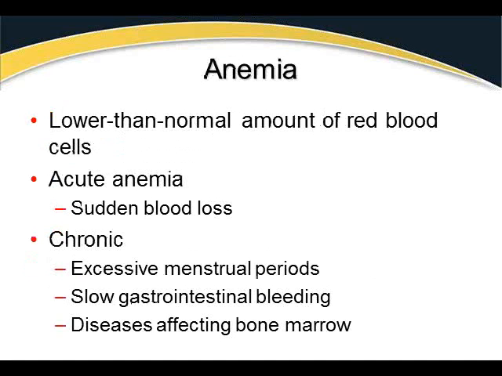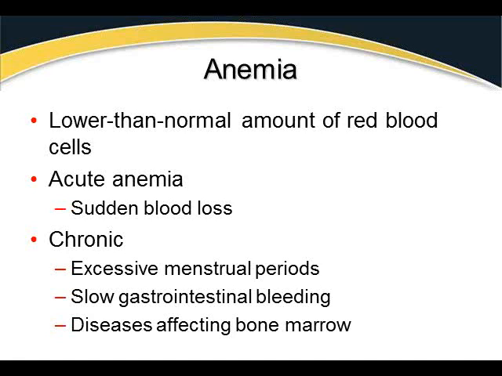So anemia is a lower than normal amount of red blood cells. Anemia, to an extent, can also be blood cells that are unable to appropriately function. And there's a couple of good examples of that. So we can have acute anemia, such as a sudden blood loss. If you were involved in a major accident, maybe you bled out a couple of liters of blood from your trauma, you would become acutely anemic.